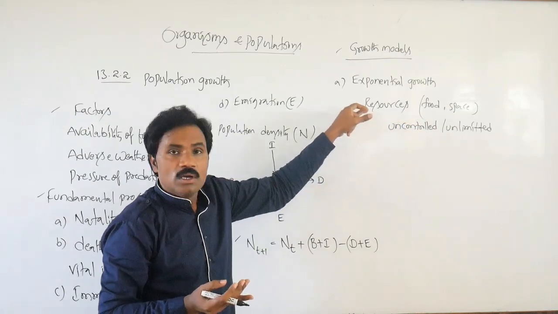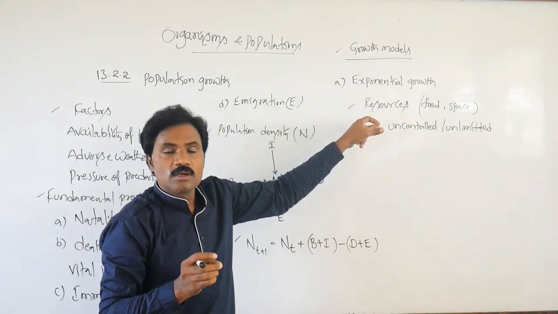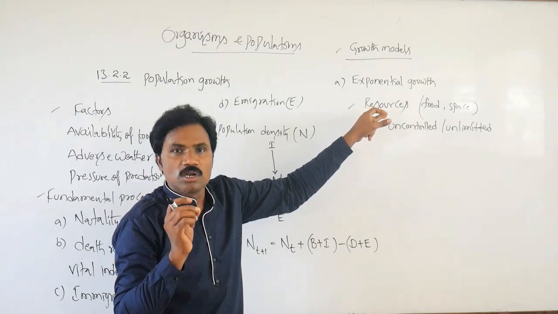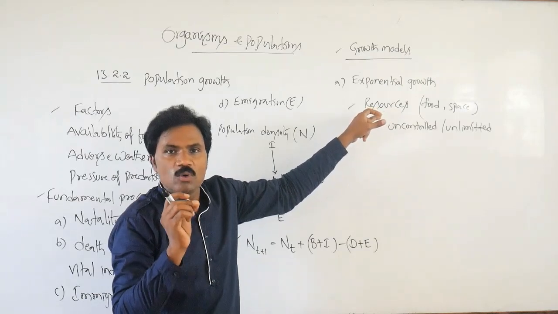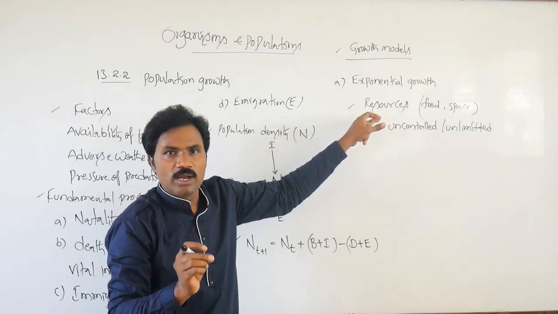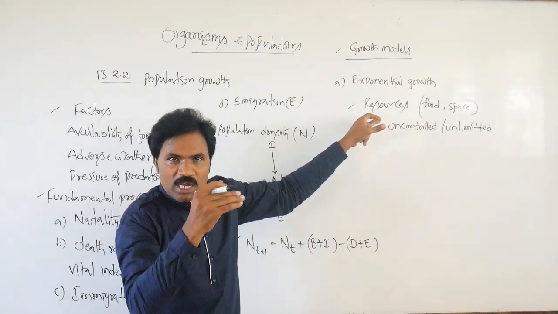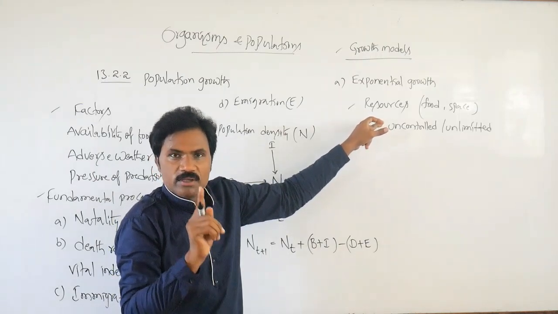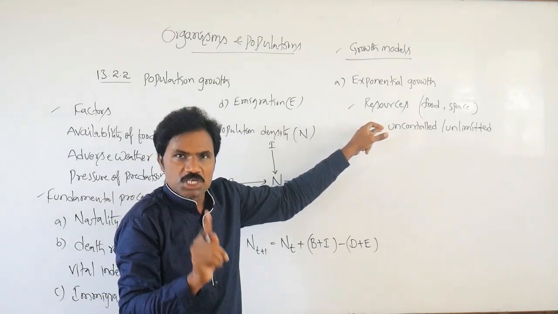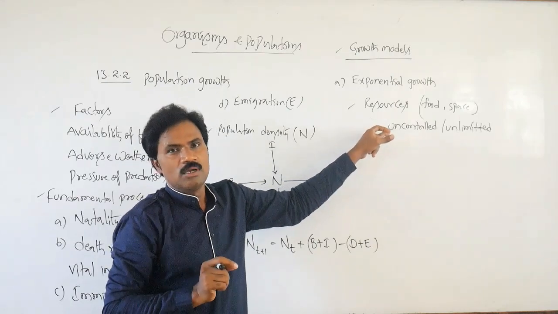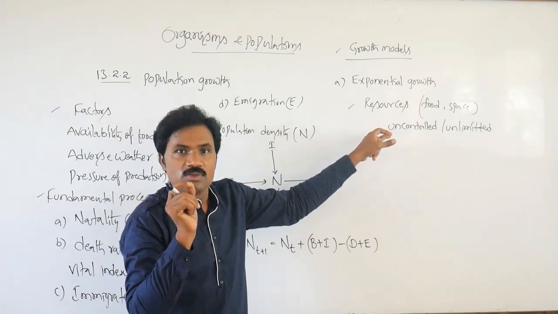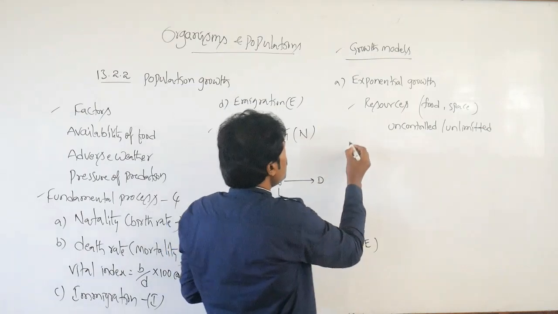What are the phases present? What is the shape of the exponential growth curve? They give many options: either I shape, S shape, J shape, or K shape. What is your option? That is the J shape. Exponential growth.